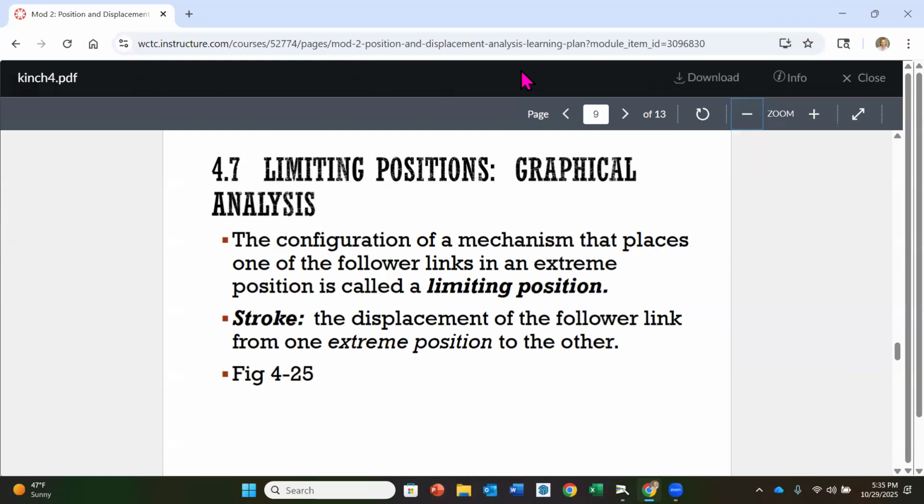Now, 4.7, you'll notice says limiting positions, graphical analysis. Like I've mentioned before, we're going to focus on drawing things out, getting the graphical analysis. I have the utmost confidence in you that through the other courses in our program, all the math and the proving out that you do in the physics classes and the statics and the strength of materials and the machine design elements, this would just be another kind of repeat of that.